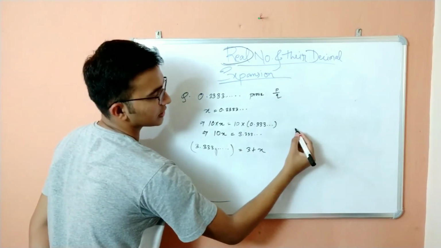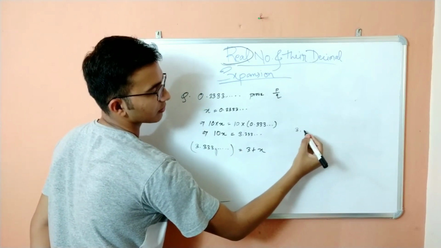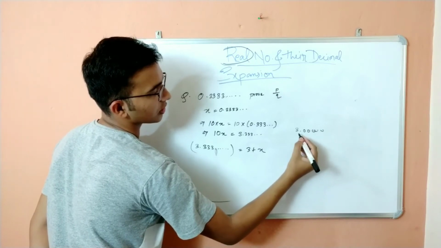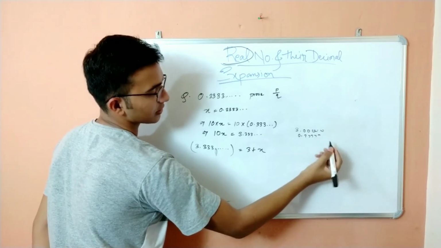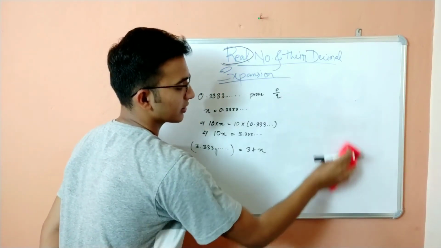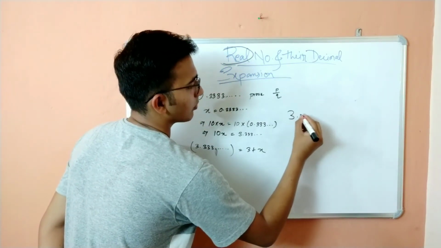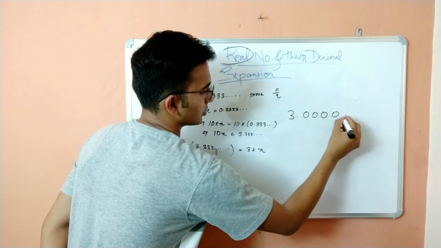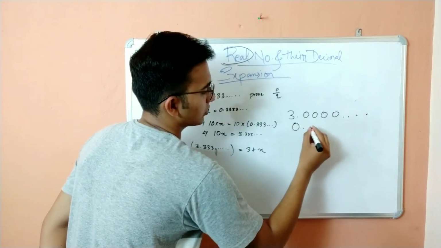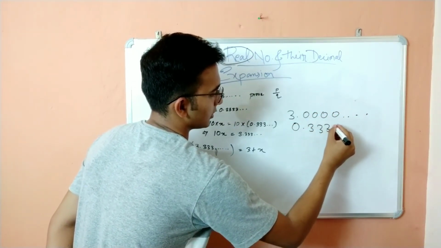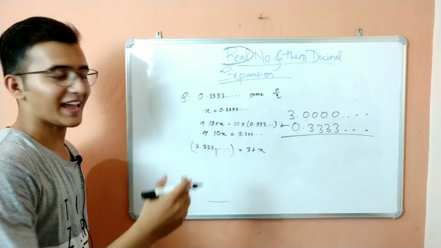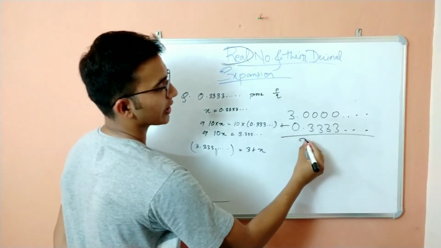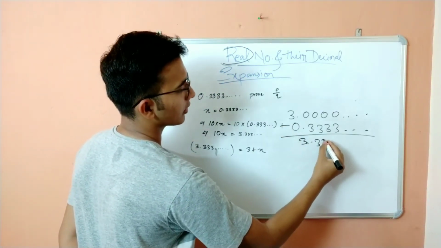You can also see that 3.0000, it goes on, when added to 0.333, it goes on, what do I get? 3.33, it goes on.